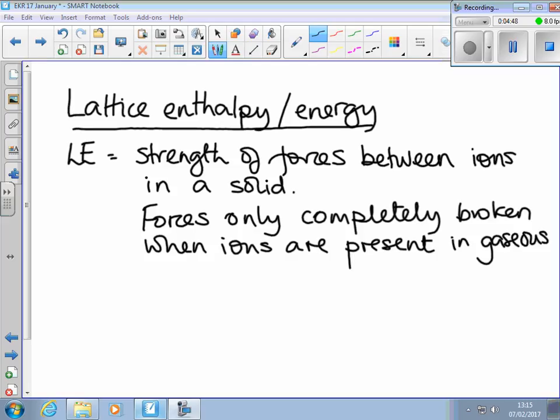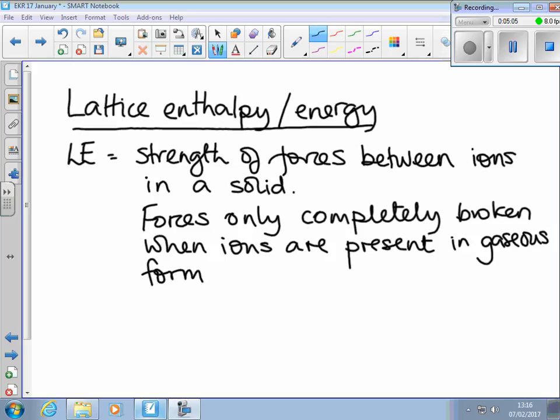That's always quite hard to imagine with something like a lump of sodium or magnesium or iron. Imagining a gaseous form of a metal is quite extreme.